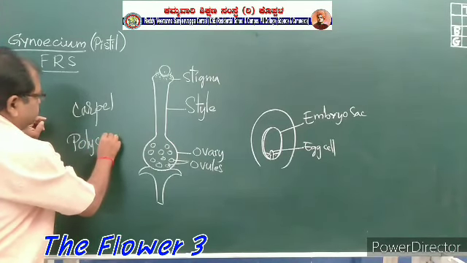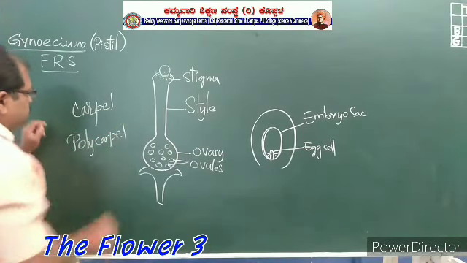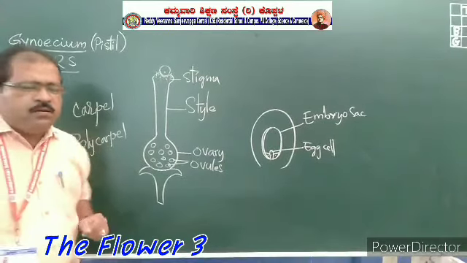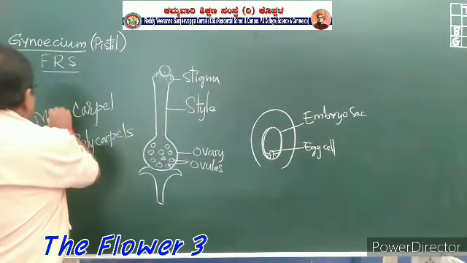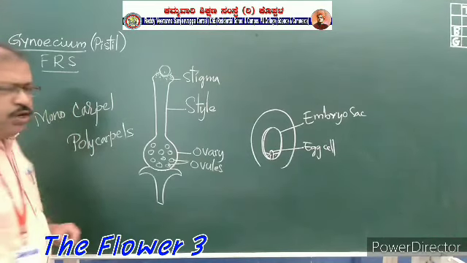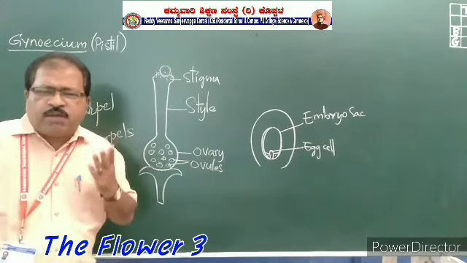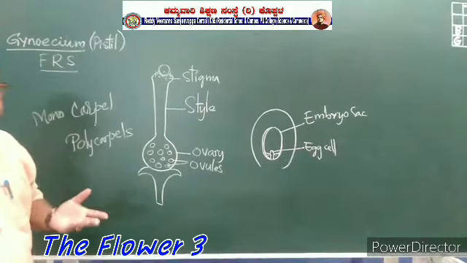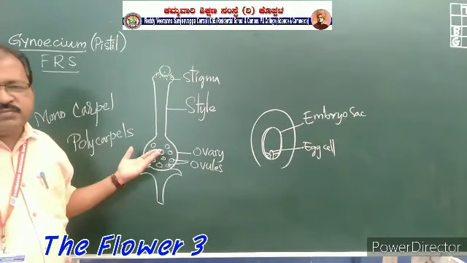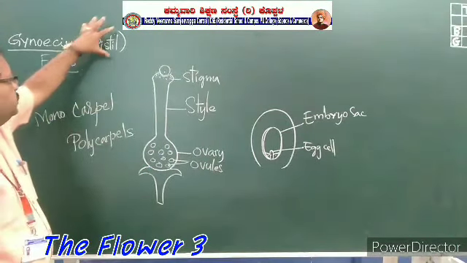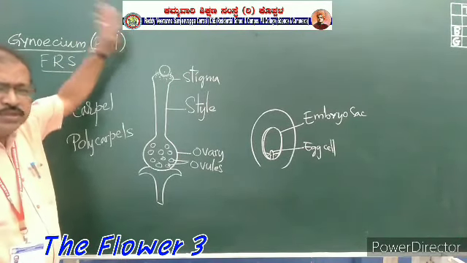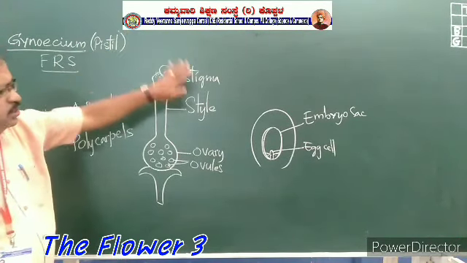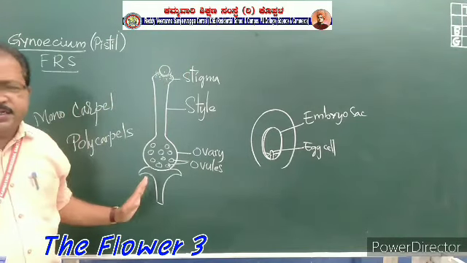Poly means many. If only one carpel is there, it is monocarpal. If many carpels are there, it's a polycarpal flower. But generally we say the gynoecium is also called the pistil. This is the total structure of the gynoecium.